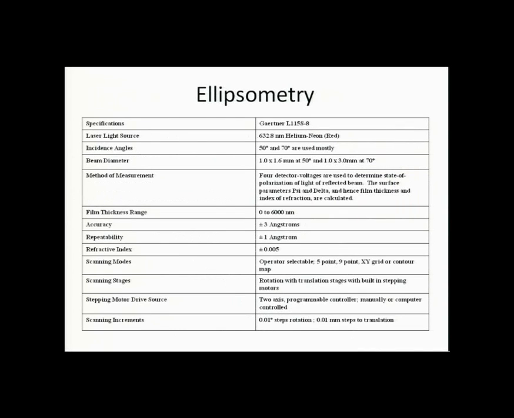So here are some more details about an example Gartner ellipsometer. Some things that may be significant are the film thickness range, 0 up to 6,000 nanometers, so that's pretty large. The accuracy and repeatability are very nice, plus or minus 3 and plus or minus 1 angstrom.